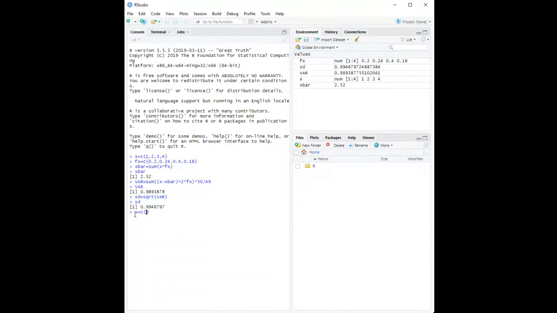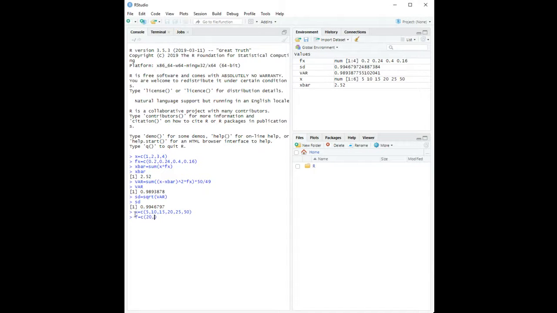We're going to take those values, which are 5, 10, 15, 20, 25, and 50. Since we don't have the sample size, we're just going to put f equals combine. And those are the frequencies.